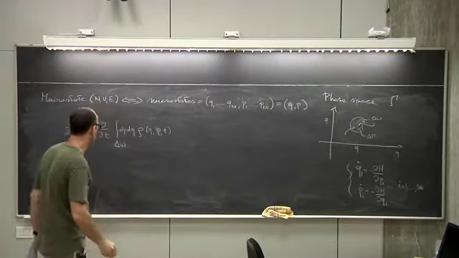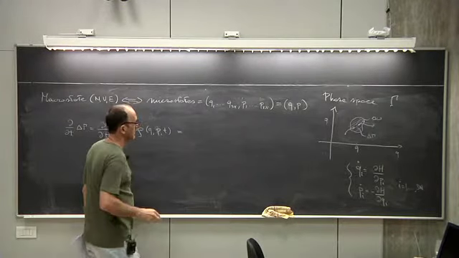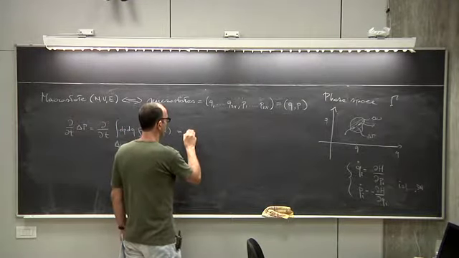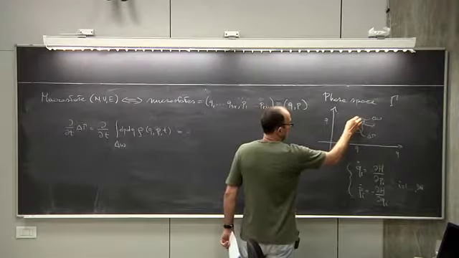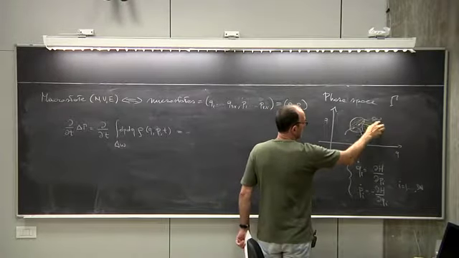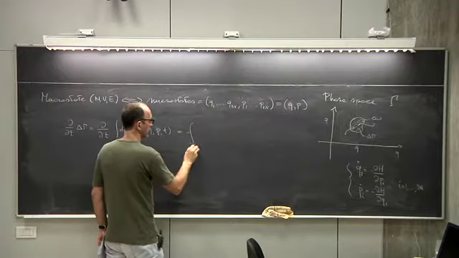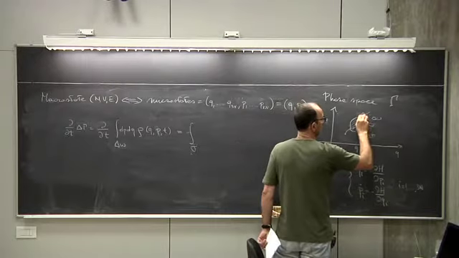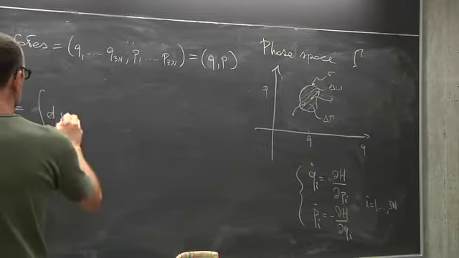Okay? So the change in this can be computed by taking an integral over all the boundary of this region delta omega, over the surface, I'm calling sigma, the surface of this volume.